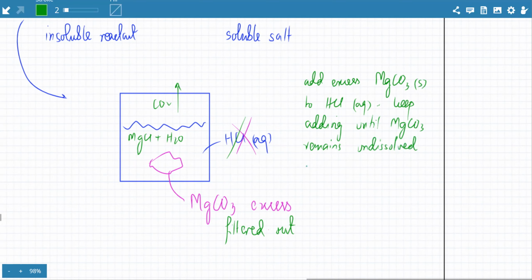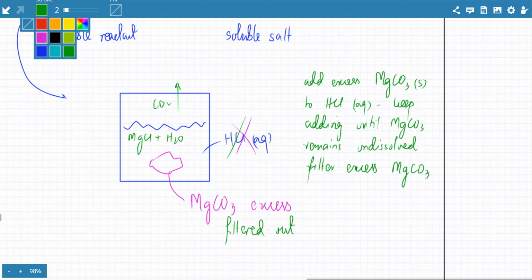And remove excess, or filter out, excess MgCO3.